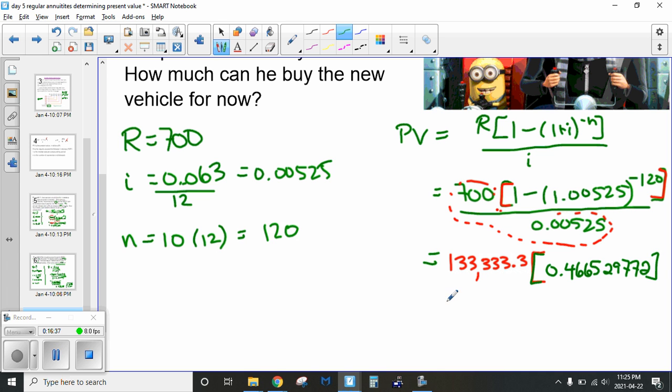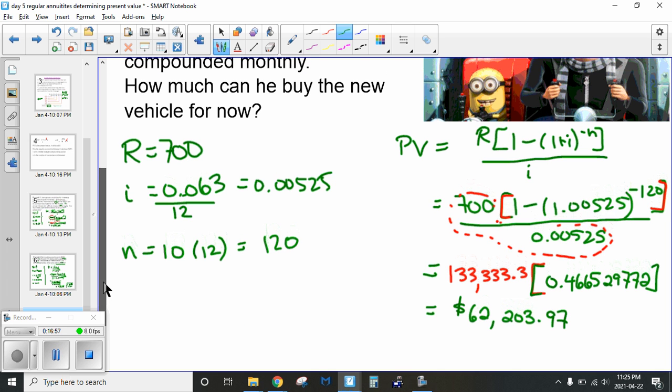So again, I'm not really sure how many decimals I need to keep to make sure this is accurate, so I'm just keeping a bunch. And then we're going to multiply those two numbers together to get $62,203.97. Okay, so that's what he can afford.